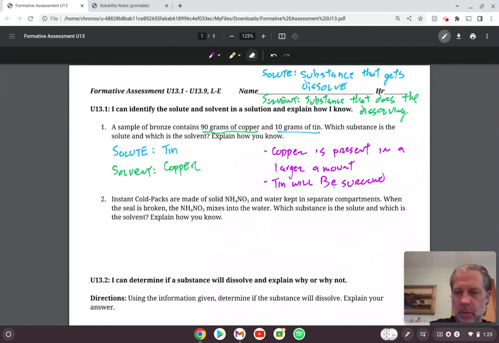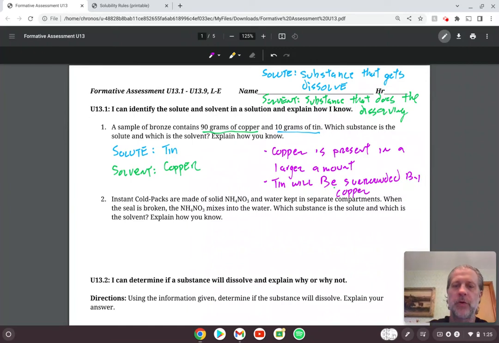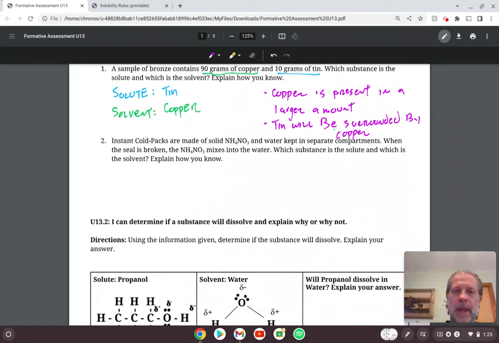Wow, spelling is really hard. Nope, surrounded. Geez. So when you're answering this question, you first have to identify which one is solute and which one is solvent, and then you also have to give some type of explanation as to how you knew that.